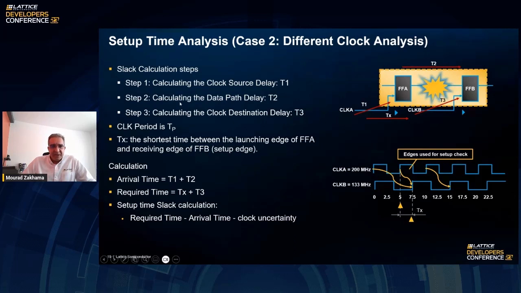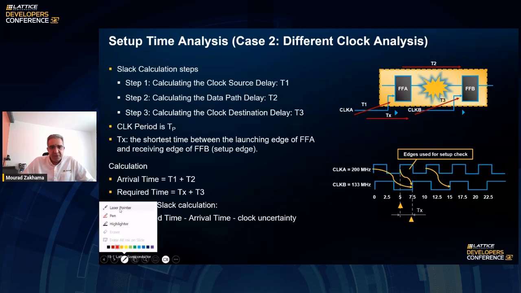The difference is that the launching edge and the setup check edge are different, because we are moving from one clock domain to another, and there are different possibilities. You could go from this clock edge that you see here. Let me take the pointer.